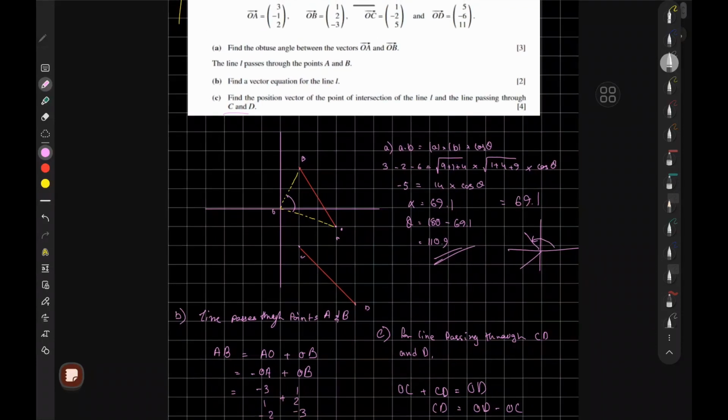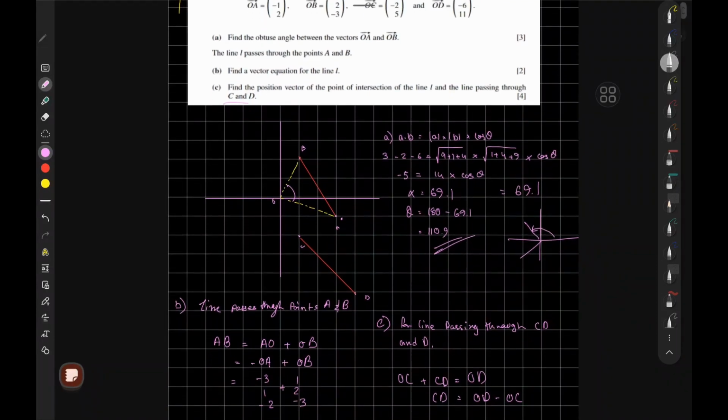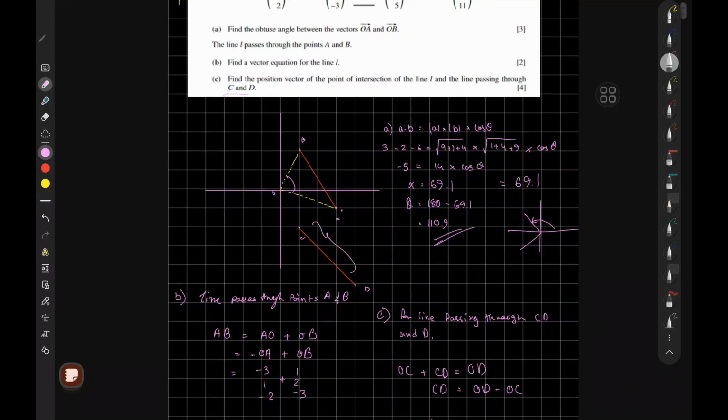They're asking that the line is going to intersect through this C and D line. If you extend this longer, you'll notice that at some point the line AB does indeed intersect with this line. So basically they're asking you, when do they intersect?